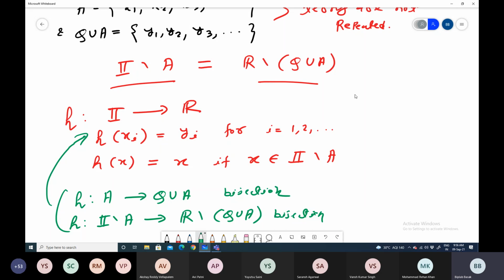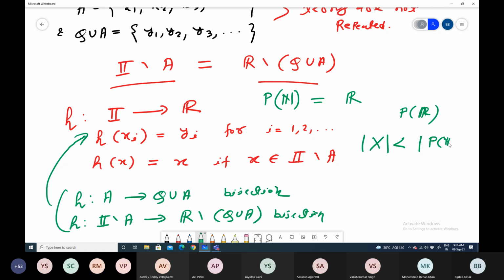We will say that if you take the natural numbers and then the power set of the natural numbers, that will be R. And then we have again the power set of the real numbers. For any set X, its cardinality is always less than that of its power set. So if you define N and then the power set of N, that is R, then we have two different cardinalities.